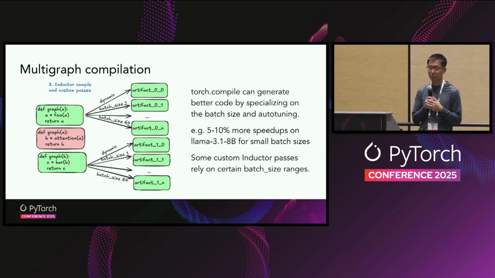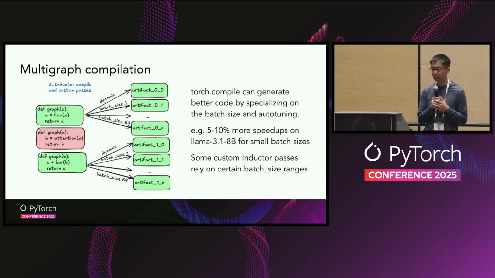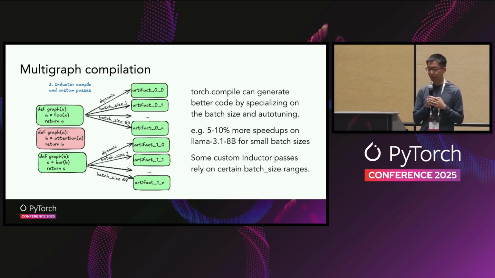Auto-tuning is this thing where Torch.compile can generate multiple variants of a kernel and find the best kernel for you. So in this step, instead of taking one dynamic shape graph and compiling it, it takes a graph, specializes it on multiple batch sizes that are provided by the user, and then compiles code for them. And then it dispatches between them in the backend.